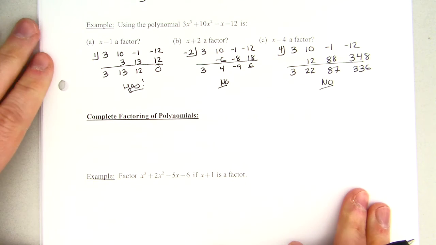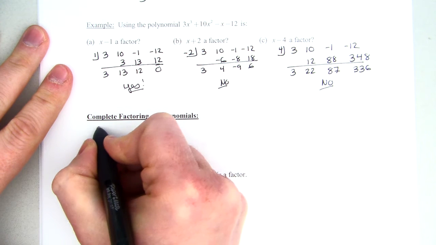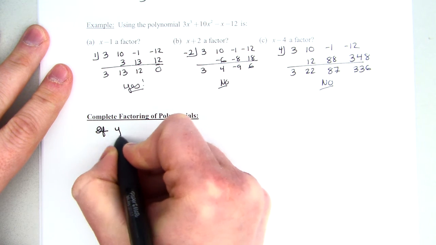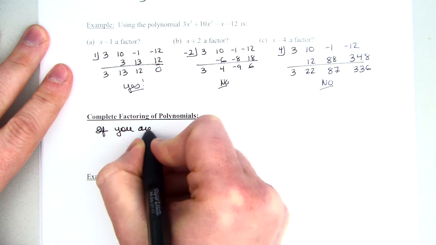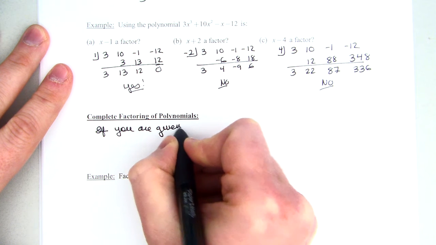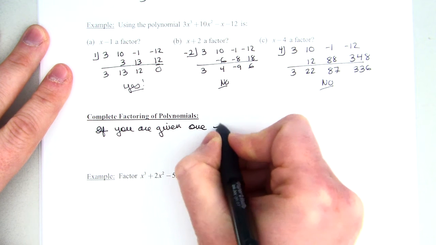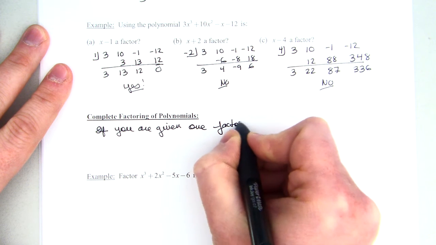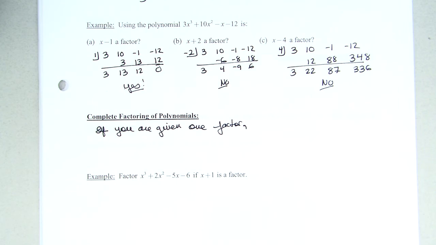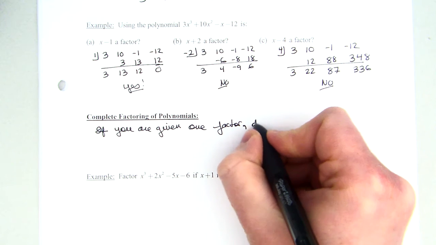Here's what we can do to completely factor a polynomial. If you are given one factor, I am going to divide the polynomial by that factor.